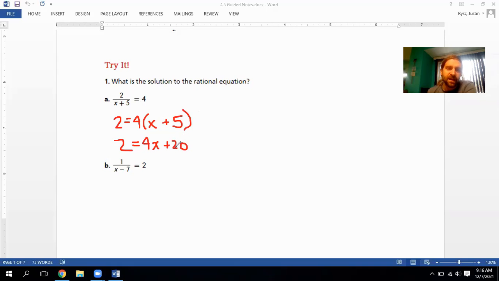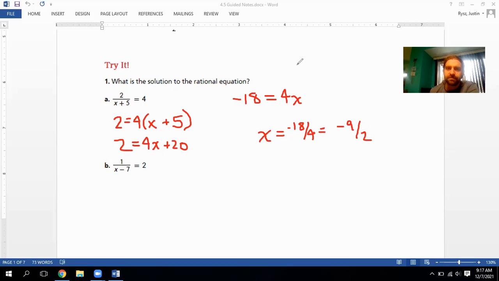Then let's minus the 20 over. So if we minus that from 2, that's -18 equals 4x. And then we'll divide by 4. So x would equal -18 over 4, and that does reduce. That is -9 over 2.